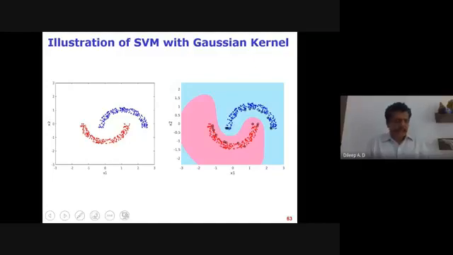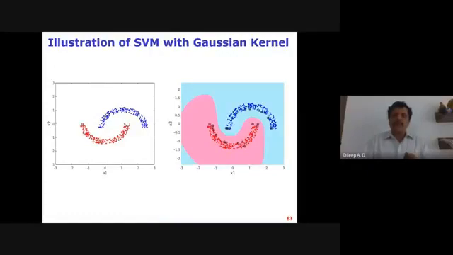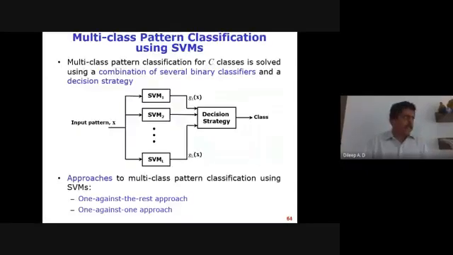Just before winding up, we know that the support vector machine is a two-class classification method. It tries to learn the linear discriminant function in the region of separation between the two classes. But in reality, the number of classes in our data set will often be more than two.